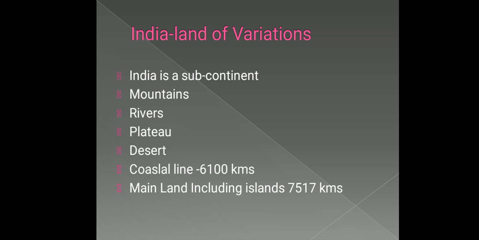In the same way, there are mountains, big rivers, a geographical feature that is plateau, and vast deserts like the Thar desert. So you will find many variations like those found in a continent.